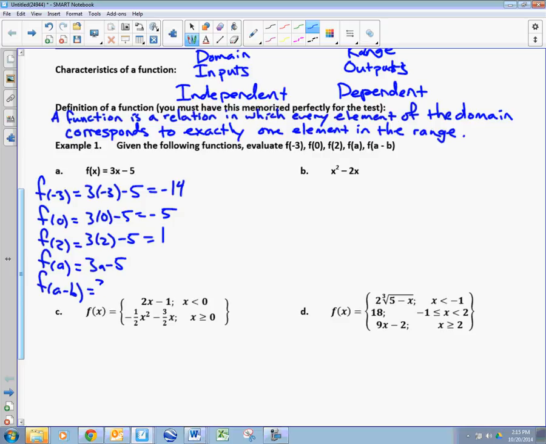And for a minus b, 3 times a minus b minus 5. Write it without the parentheses to see if anything combines. We get 3a minus 3b minus 5. How's that? Review? You try B on your own.